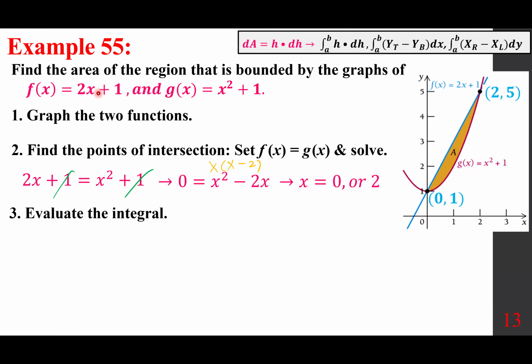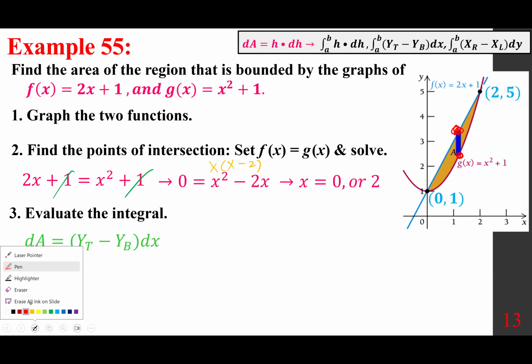I want to evaluate the integral. So if you want to evaluate the integral, you need an increment of an area. So clearly the line is above the curve. So this is y of the top. This is y of the bottom.